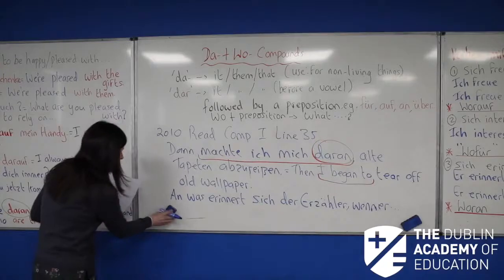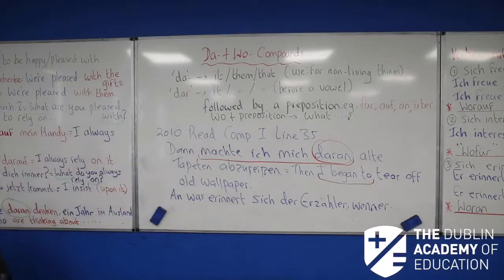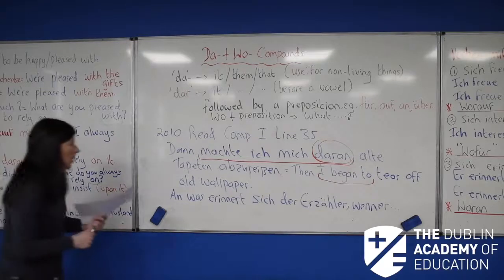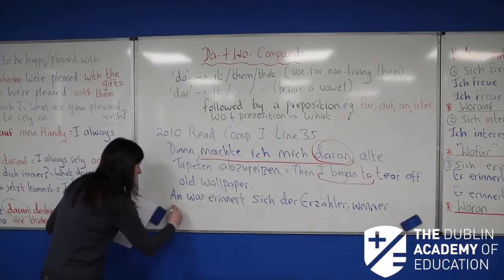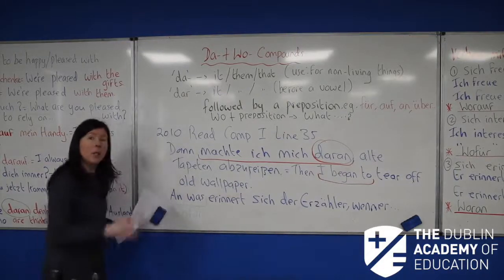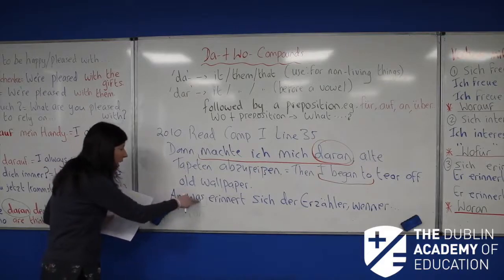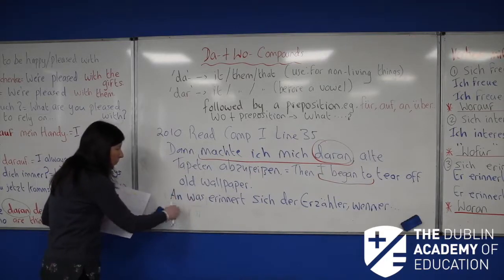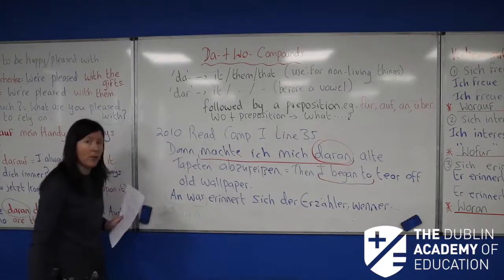Now, you haven't seen this an was, right? But, just to let you know, that is another way of writing voran. That could have been written as voran, but it's one of those that you can use the was, and you just put an was, like on what, literally. But voran could have been used in that particular question, but it wasn't.